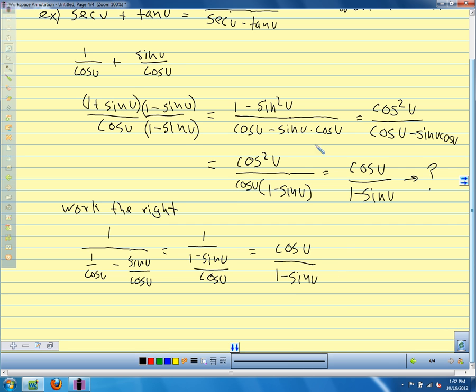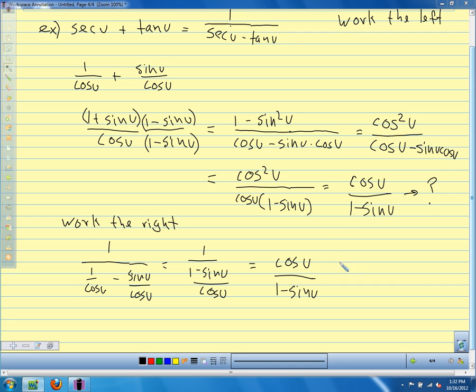So I'm going to do what I did here, and let's multiply by 1 plus sine u over 1 plus sine u.